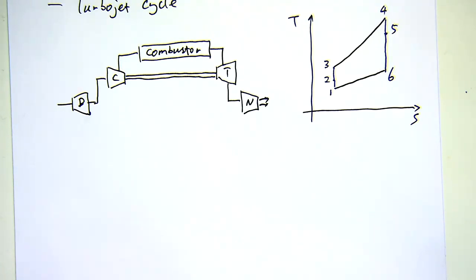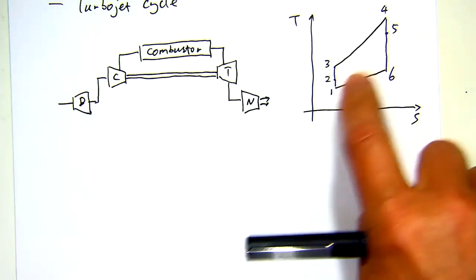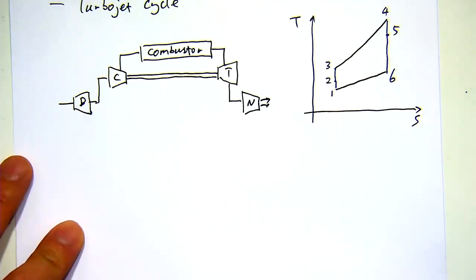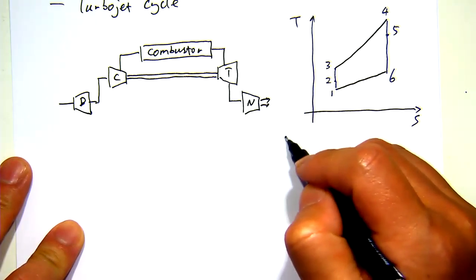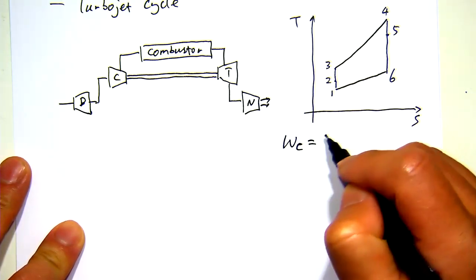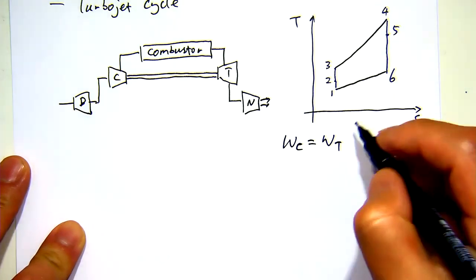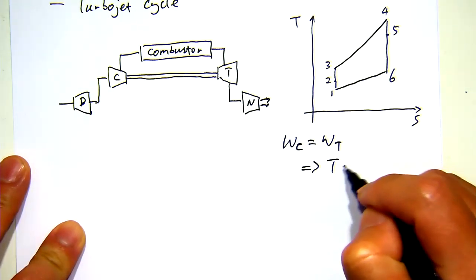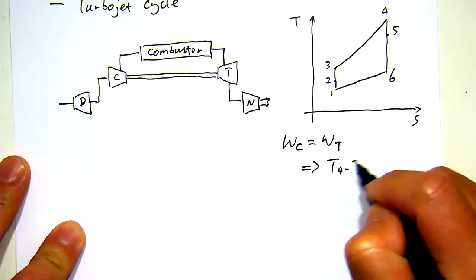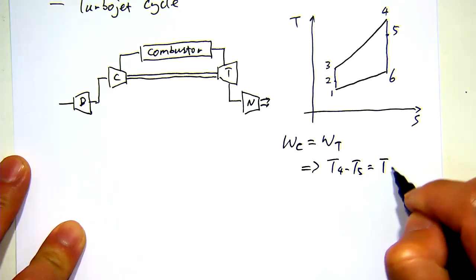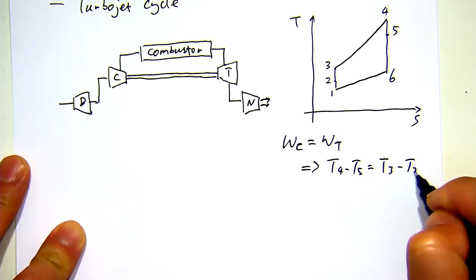And also, for the pure turbojet cycle, we have the turbine work equals the compressor work, right? That refers to T4 minus T5 equals T3 minus T2.